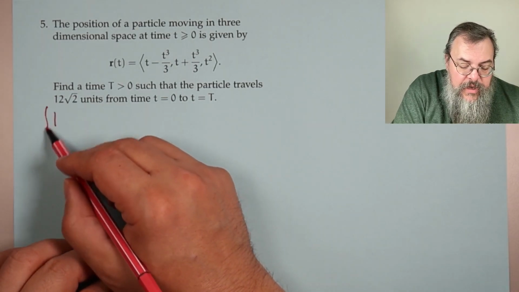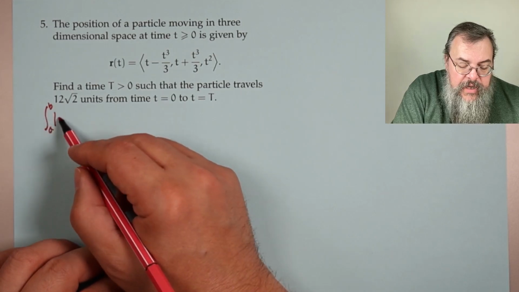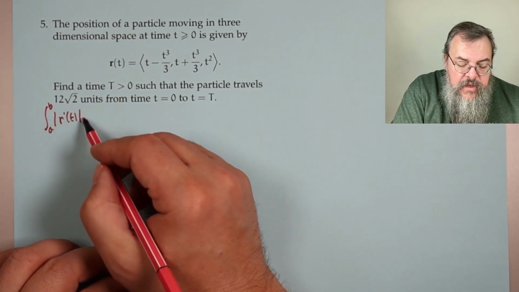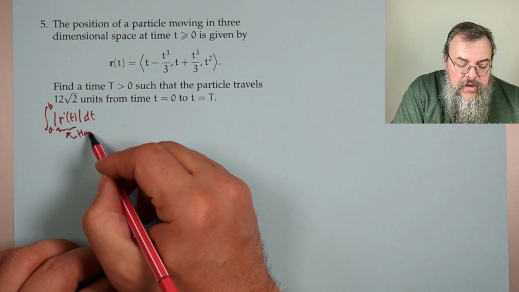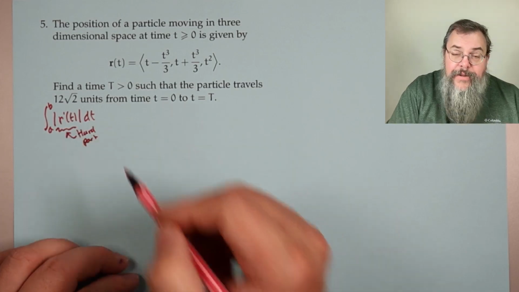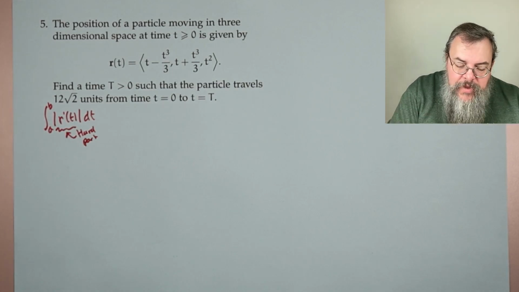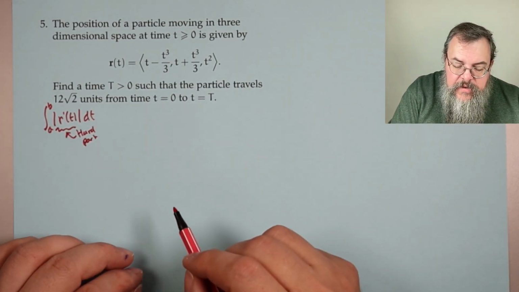That's our goal, because we have the integral from a to b of the magnitude of r prime of t. And this is the hard part. So that's where we're going to put our energy. Okay, so let's think about this.